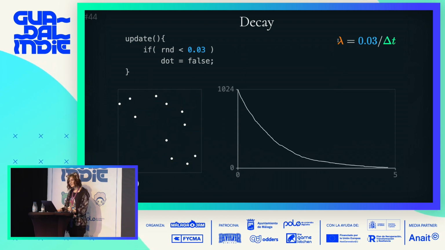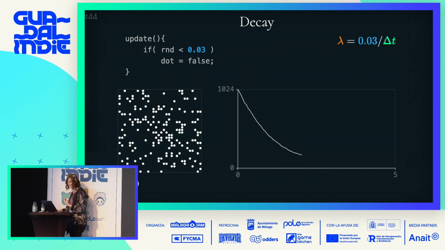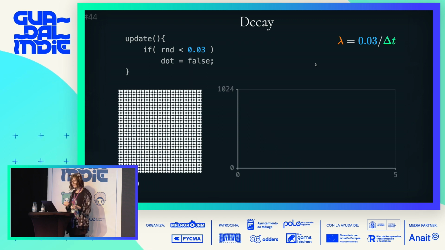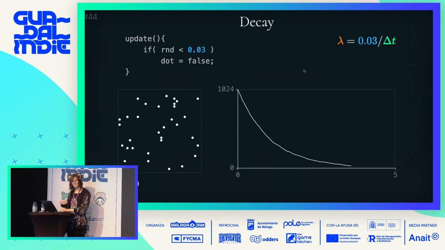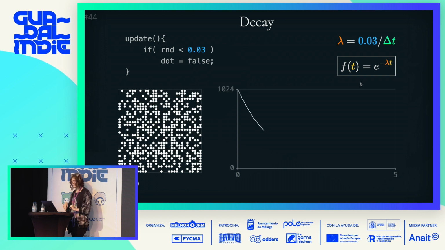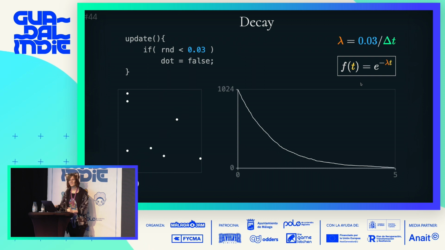And it's the exponential decay constant. And in this case, it would be 3% divided by delta time, if we want to calculate the decay constant for this. And then the decay function itself that we use in the real world is a function over time that is e to the power of decay times time.